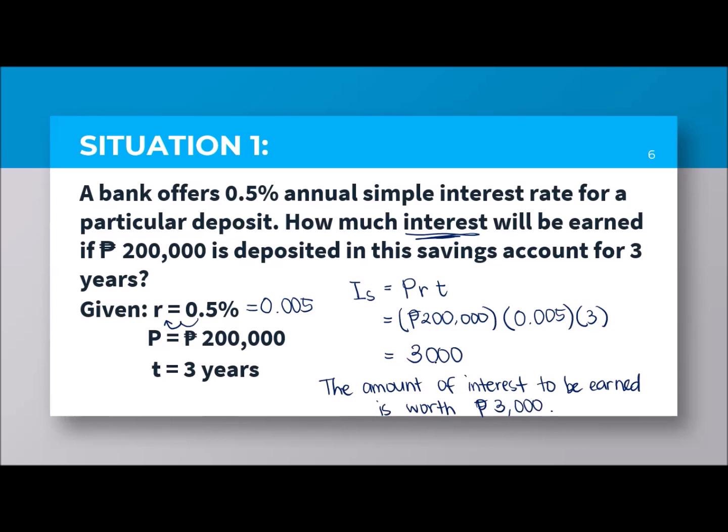So, ibig sabihin, 3,000 ang madadagdag sa 200,000 na dideposit na may interest na 0.5% annually. At ito yung total amount of interest for 3 years. Okay? So, I hope that's clear.